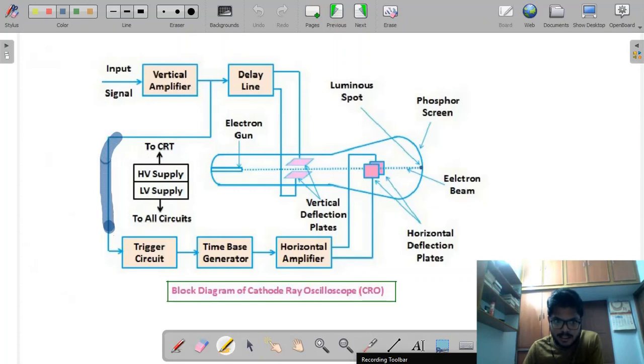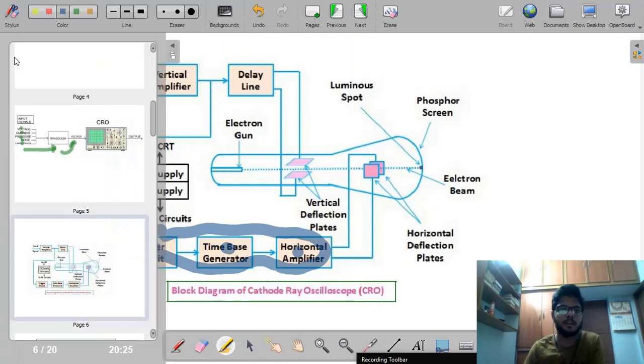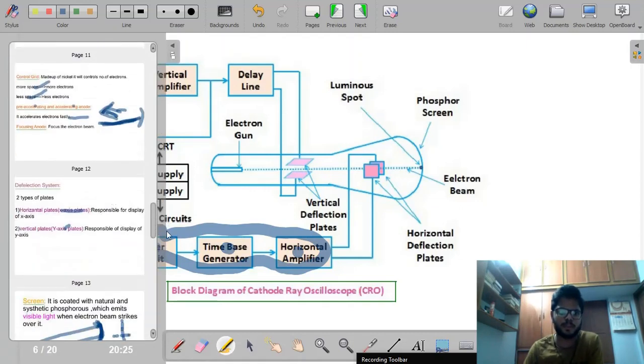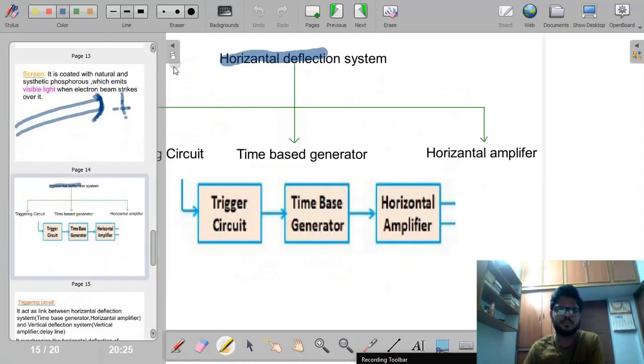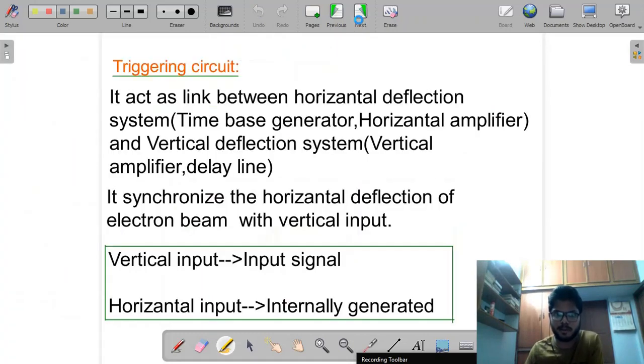This is the region where our horizontal deflection systems are present. We have the triggering circuit, time base generator, and horizontal amplifier.